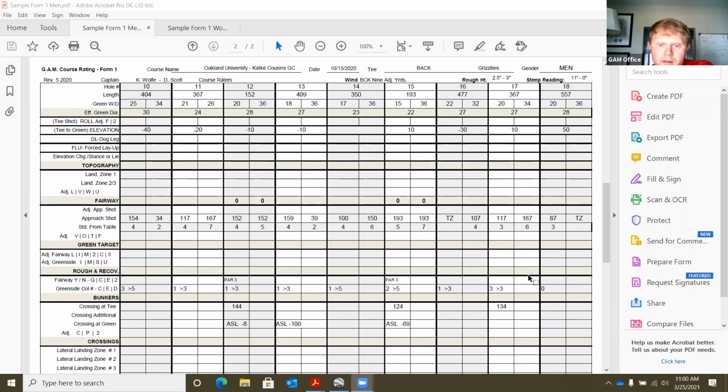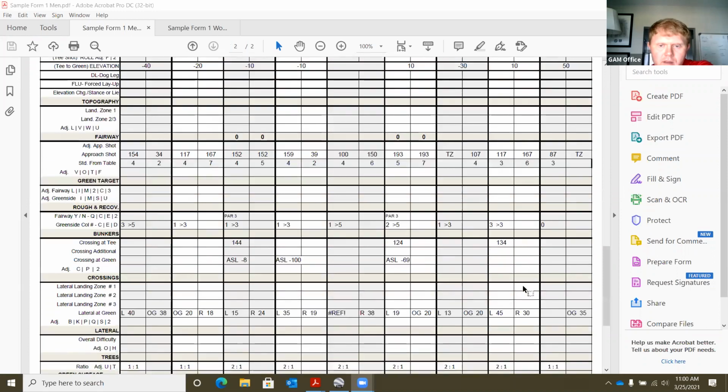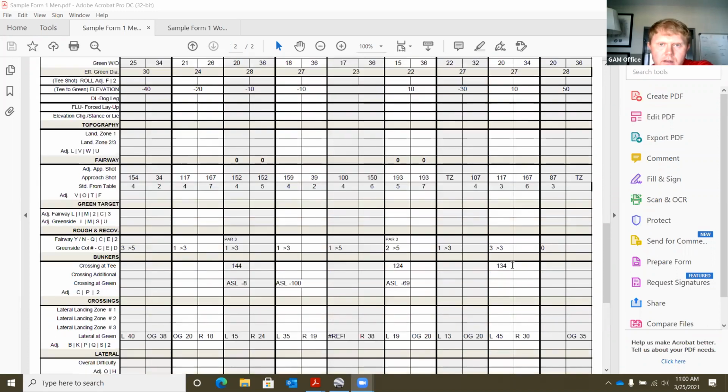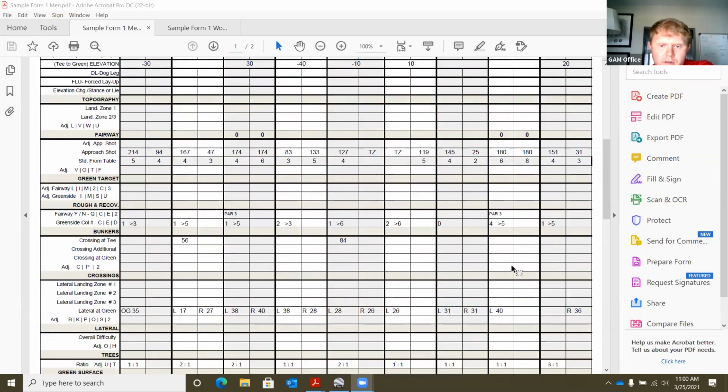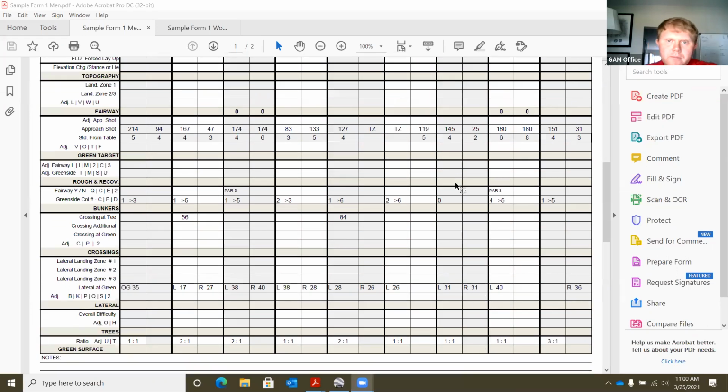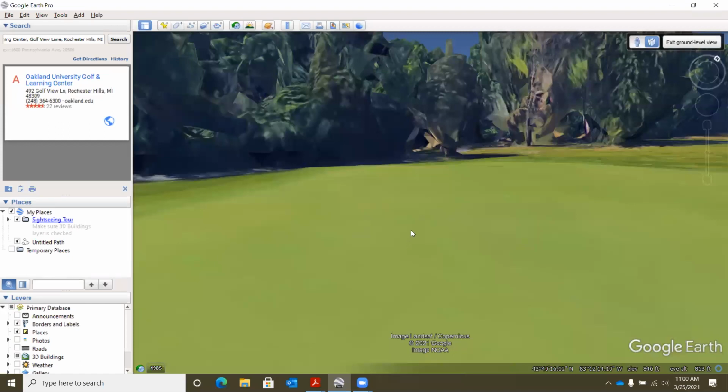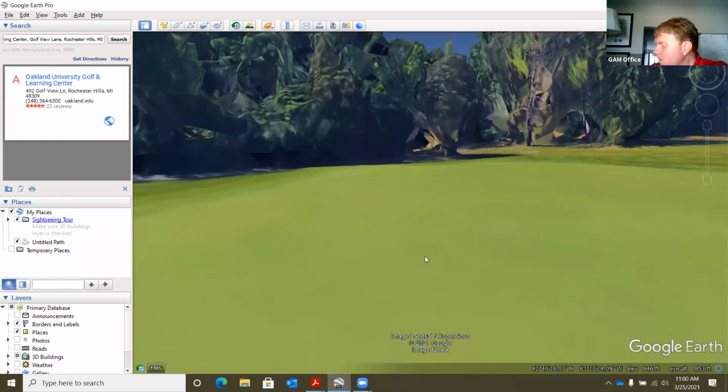But for our trees, we were evaluating it at every landing zone, but typically when we get back to the green, it's a good place for us to turn around and take a look back and be able to have that final value assigned to trees.